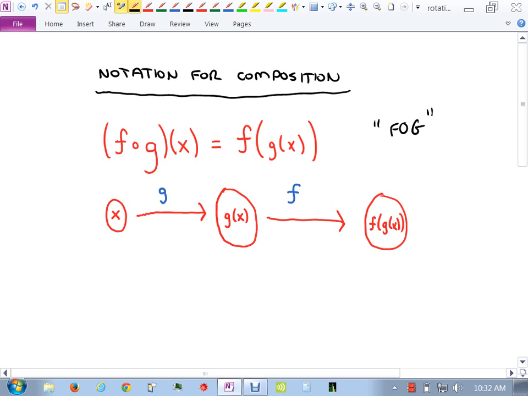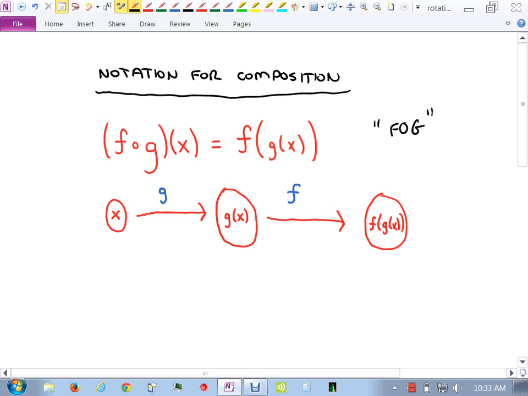But here's the problem with fog. I don't teach fog for the same reason I don't teach FOIL. Fog works only if you want to send it through G then F, right? What happens if you want to send it through F first then G? Then teachers will teach GOF, okay? But I've shown you that there's nothing that stops you from sending it through F then F. So then it's FOF.